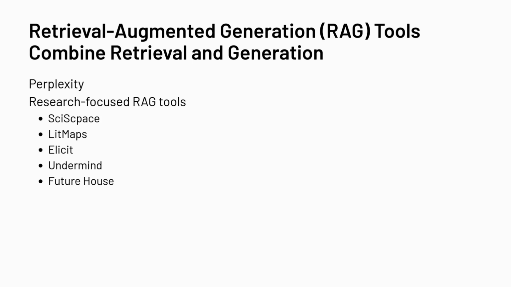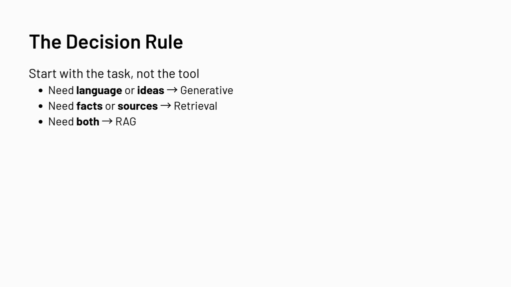There are also research specific RAG tools like SciSpace, LitMaps, Elicit, Undermind, and FutureHouse. These are designed for academic research tasks, such as exploring literature, mapping ideas, or identifying relevant studies. You don't need to master all of these tools. What matters is recognizing when a task requires retrieval and choosing a tool that actually does that work.